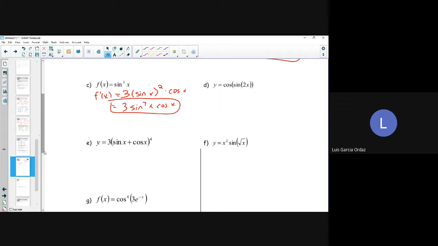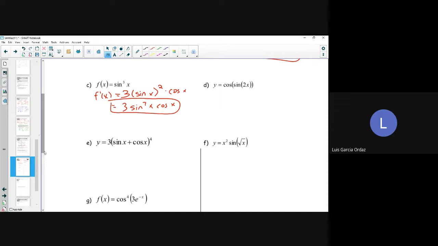And then the next one we have is y is equal to cosine of sine of 2x. This is the annoying derivative rule. So for c, we have sine cubed of x.